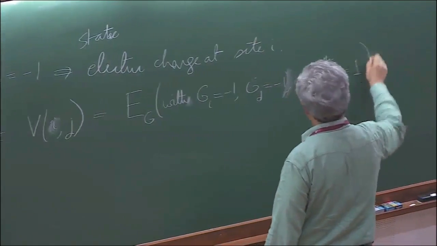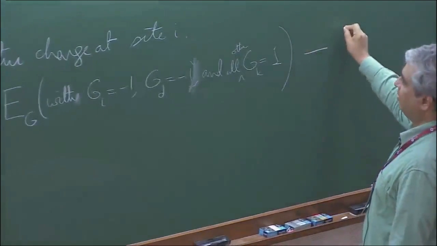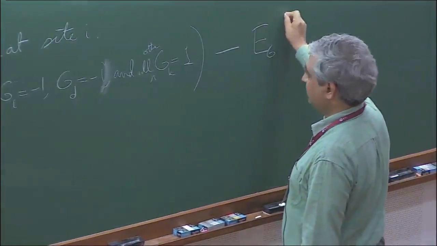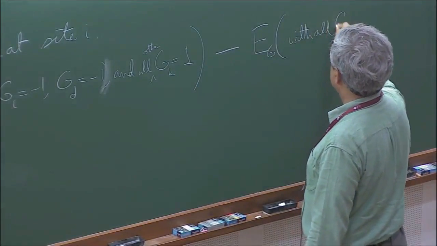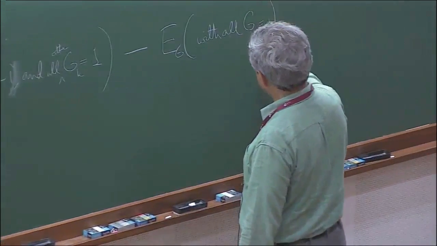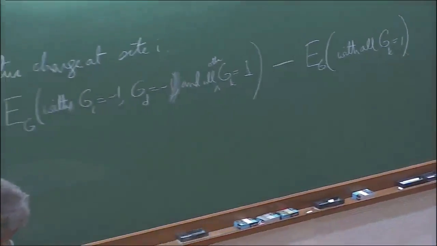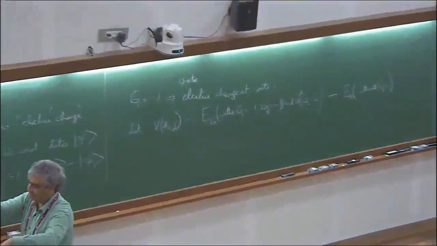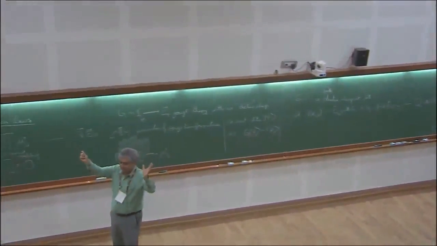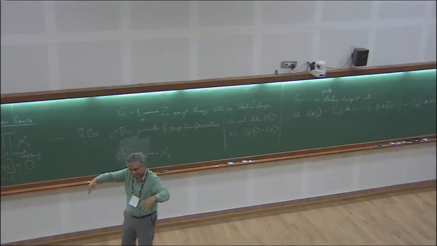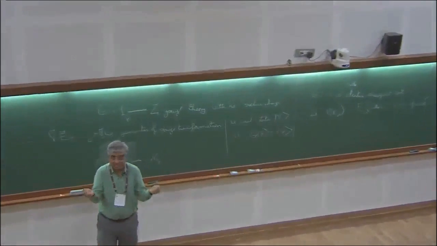So this is where I put two charges, one at site I and another at site J. And then I subtract out the ground state energy with all Gk equals 1. So I pick two sites I and J, and then I put charges there. I figure out the ground state energy of the Hamiltonian. Then I remove the charges, figure out the ground state energy, look at the difference. That difference is the potential energy of the two charges.